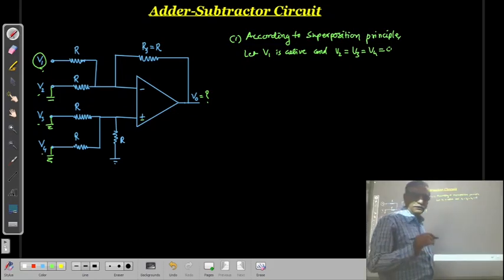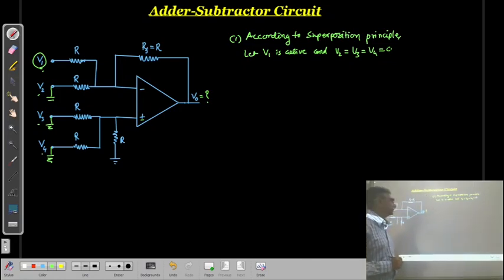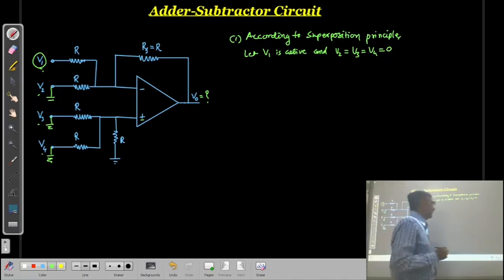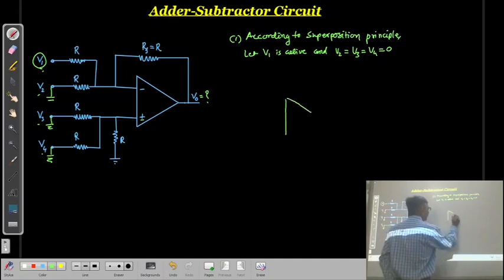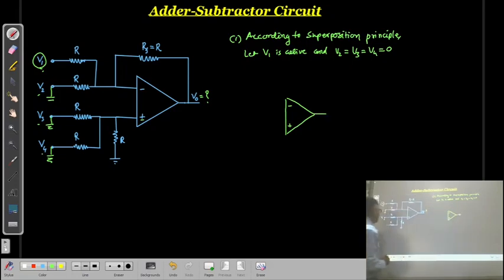Here we will find the voltage due to V1. Now when these are connected to the ground and we redraw the circuit, you will find it is nothing but an inverting amplifier. So look at the circuit. Here we have this operational amplifier. This is my inverting terminal, non-inverting terminal, and output voltage.